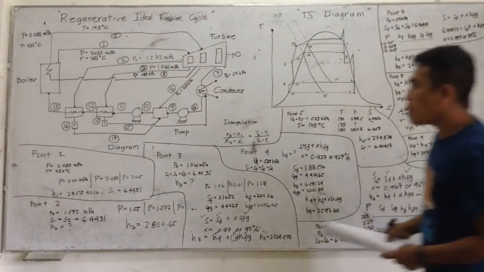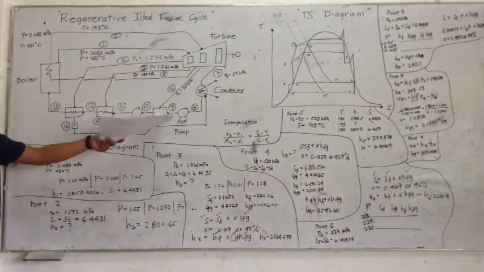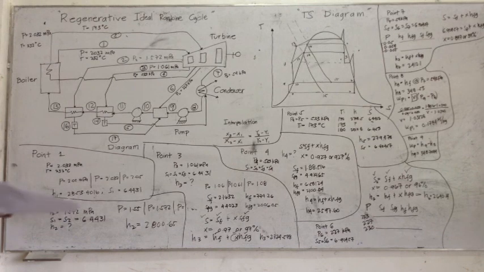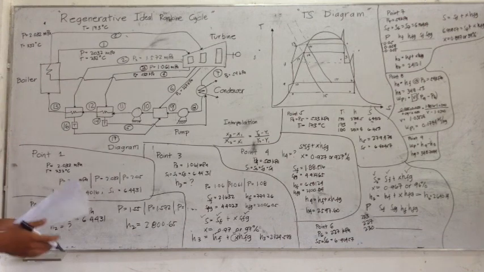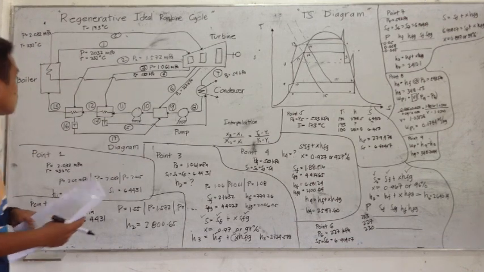Here, from the open feed water, it delivers liquid or water again into another pump, which is pump 2.